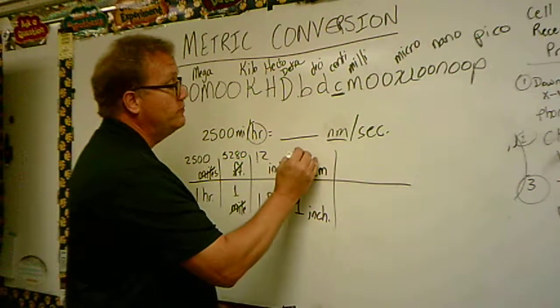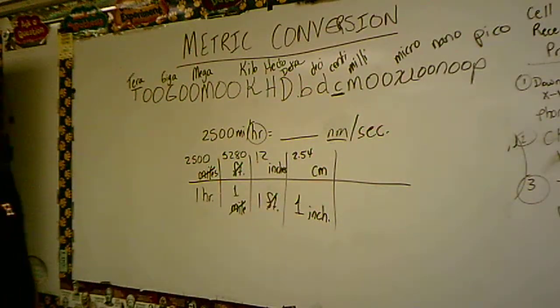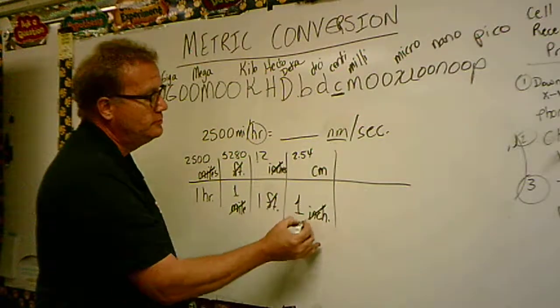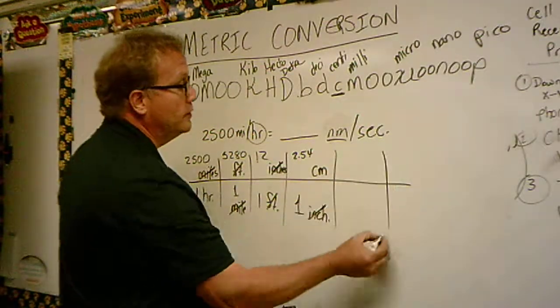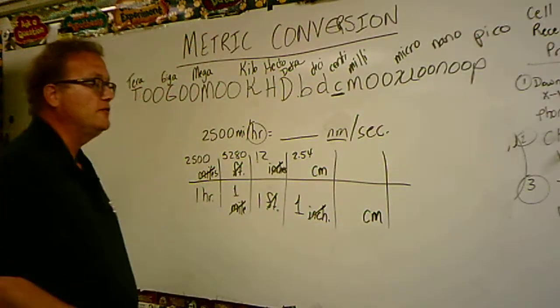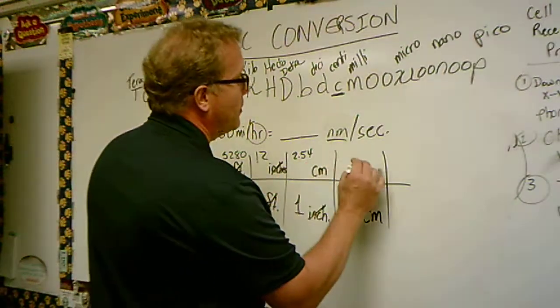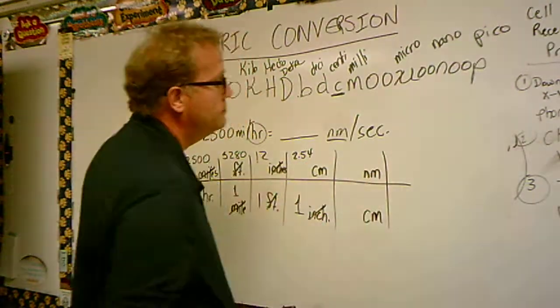Centimeters is going to be 2.54 centimeters. Now I cancel these two out. Now I can continue moving. So now I got cm at the top. I'm going to cancel out by cm at the bottom. And then now I have my smaller unit, which is nanometers.